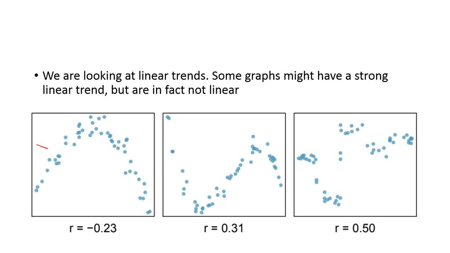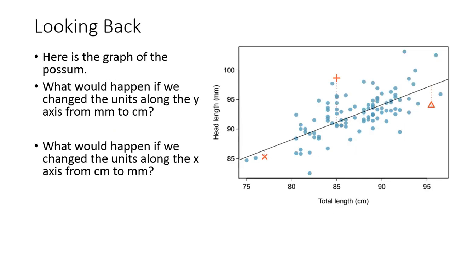This line is going to be slightly negative, this line is going to be positive, and this line is going to be positive as well. But as you see, the data kind of goes above and below it. So just because you can draw a linear line, and you can get a strong linear line, doesn't mean that linear is the best fit. Because for each one of these, linear would not be the best fit.